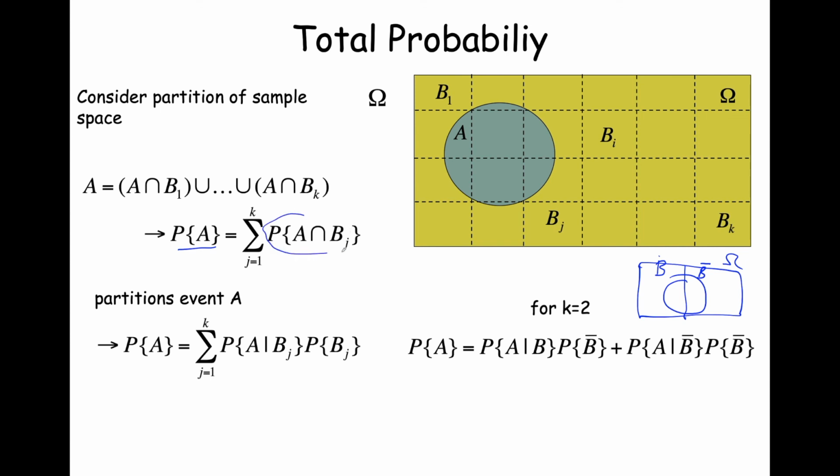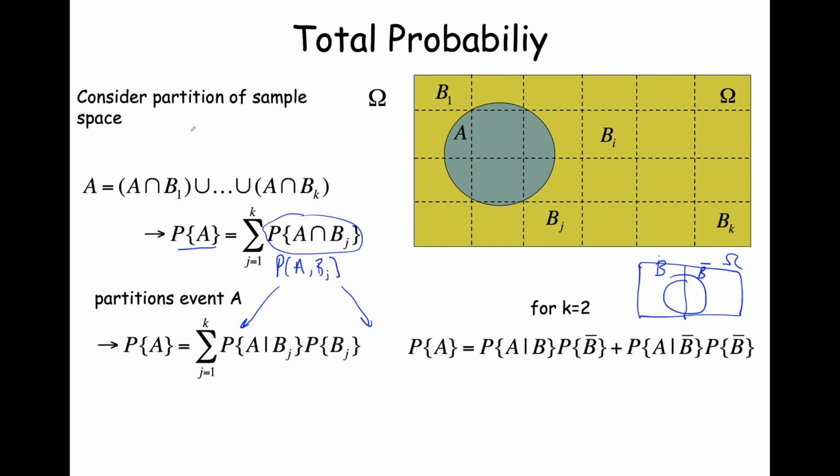Now, this expression is the same as the probability of A and the Jth B slice. We just said we can use the product rule. Applying the product rule to this joint distribution, A and B sub J, we get the probability of A given the Jth B slice times the probability of the Jth B slice.